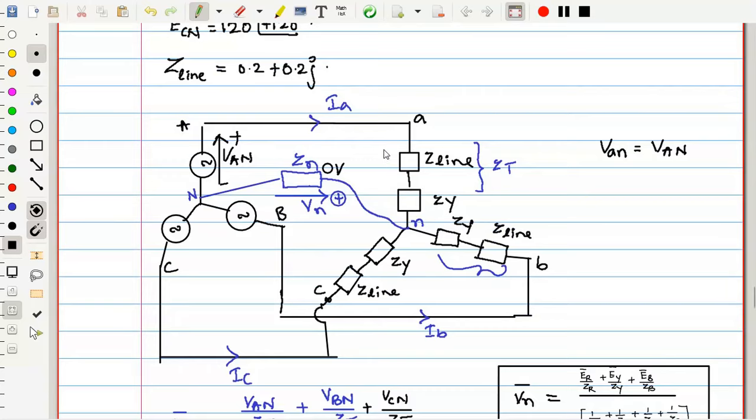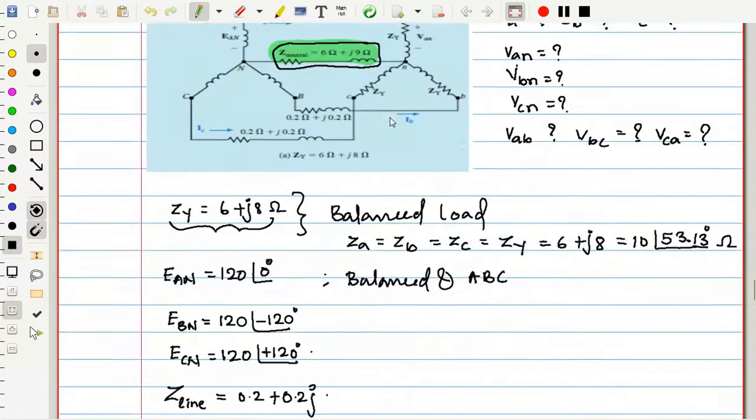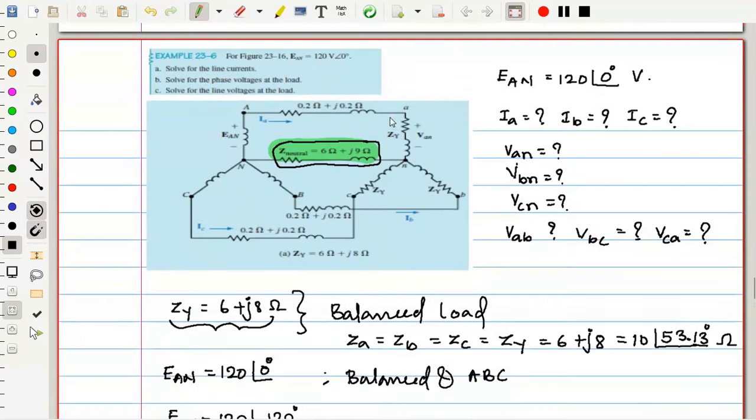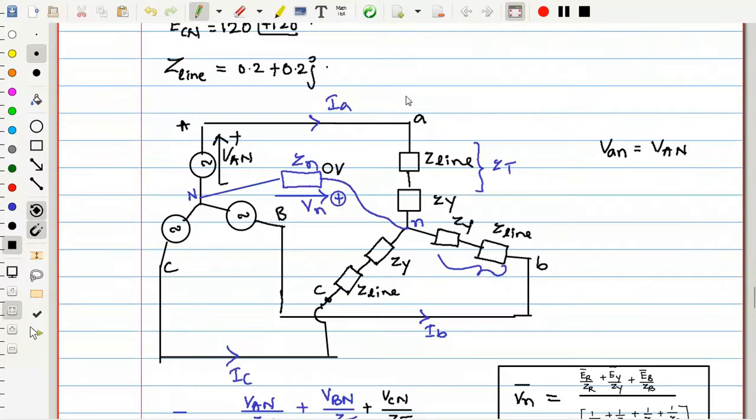Where is the small an in this diagram? I hope this ABC representation may give a little confusion. Why? Because I merged this line impedance into this. So let me call these A dash, B dash, C dash, different notations. Why?